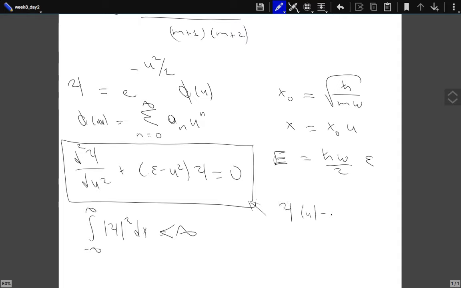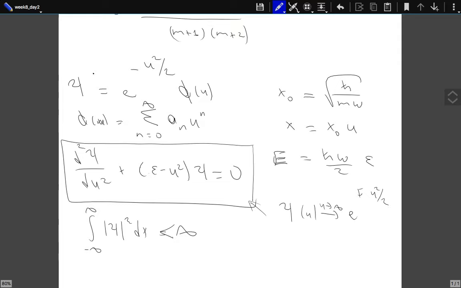Psi behaves, as u goes to infinity, like e to the power plus or minus u squared over 2. This is the asymptotic form of our function. Of course, the plus solution doesn't satisfy our criterion of going to 0, so we have to have the minus solution. The normalizable solutions will behave like e to the power minus u squared over 2.